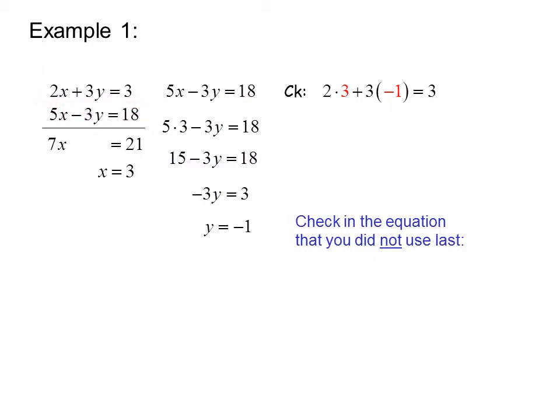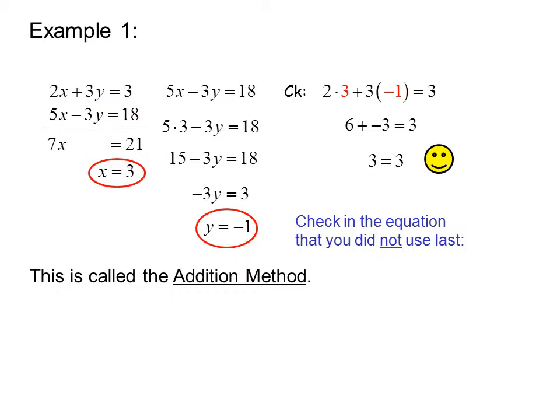We get 2 times 3 plus 3 times negative 1 equals 3, or 6 plus negative 3 equals 3. 3 equals 3. So now we know we have the correct answer: x equals 3 and y equals negative 1.